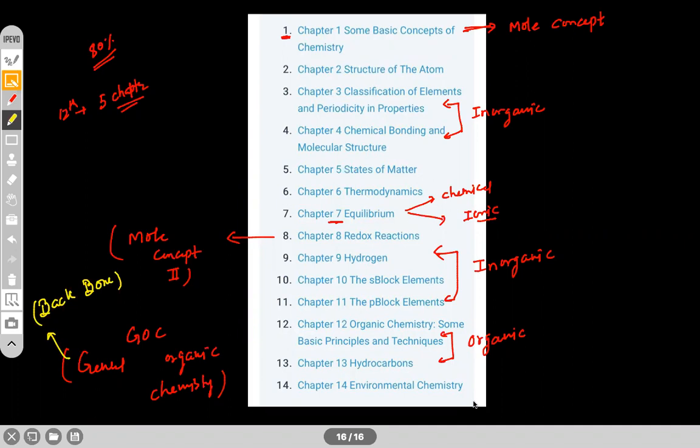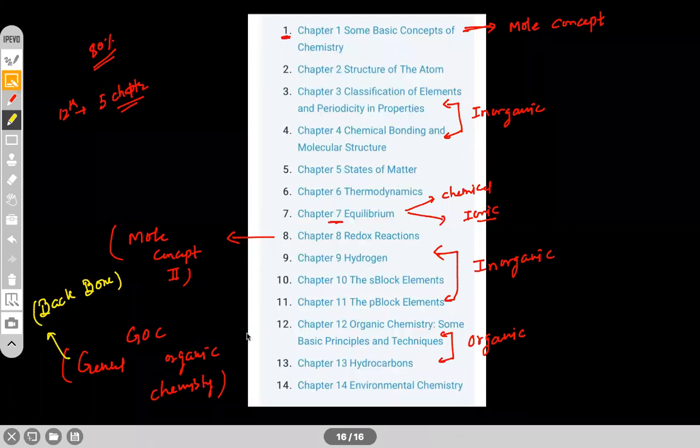Yes, I can see many of you are writing KVPY this year. In KVPY, there is a major portion of organic chemistry. So this GOC we were going to discuss at the end of the year, like November, December. But I'm planning to take this up right after this chapter, mole concept 1.